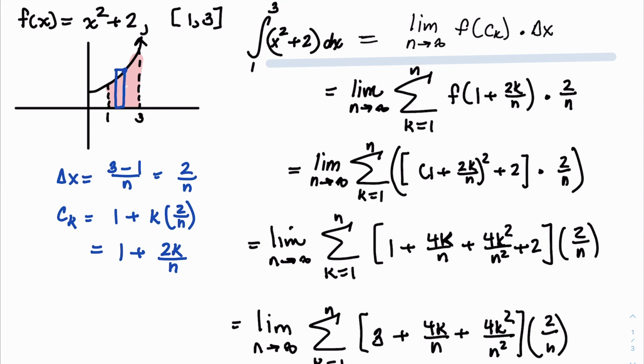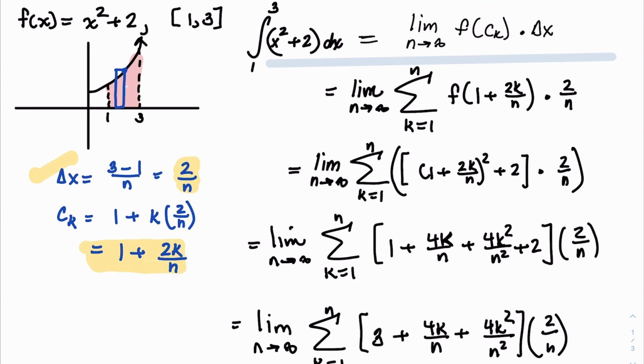That's right here. So delta x is 3 minus 1 over n, which is 2 over n. So that's a familiar quantity that's going to be used. And then the values of our c sub k's is 1, the left-hand endpoint, plus k times delta x, which simplifies to 1 plus 2k over n.